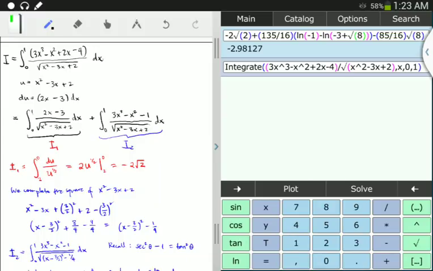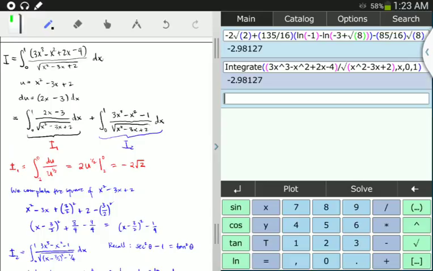This is the numerical answer. If this matches the number above, negative 2.98127, then it means we got the correct answer. Are you ready? Let's solve it. And boom, they're a match. So we obtained the correct answer while doing this integration.